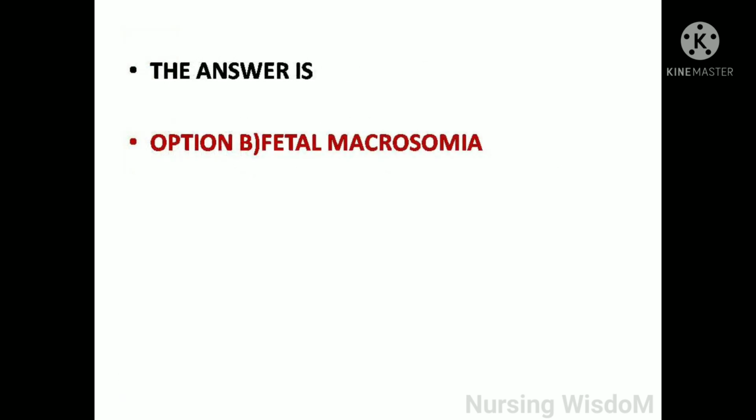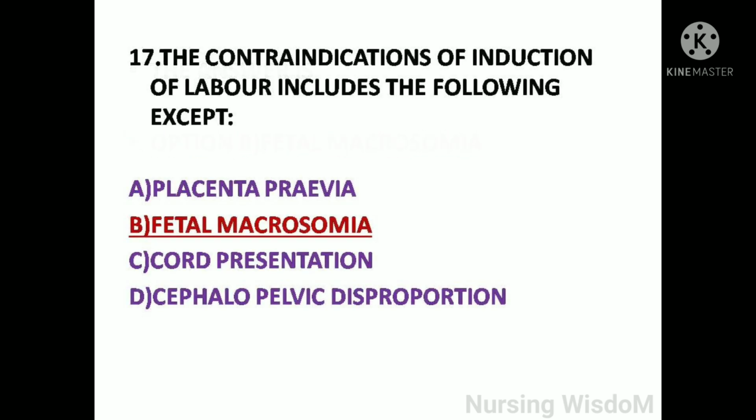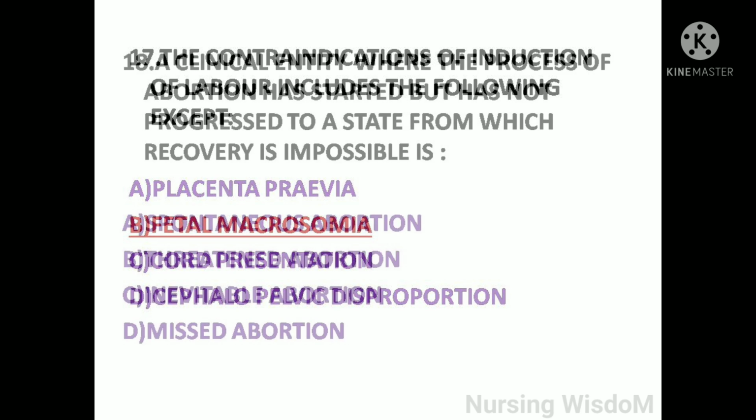So here the answer is option B, fetal macrosomia. The contraindication of induction of labor includes the following except option B, fetal macrosomia.